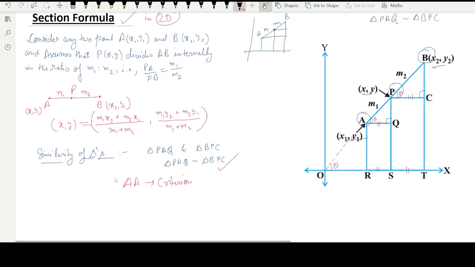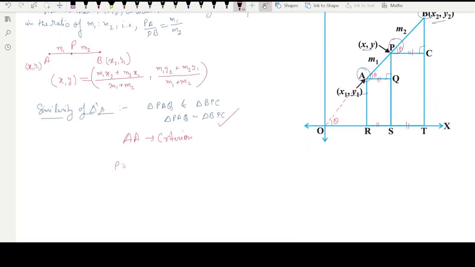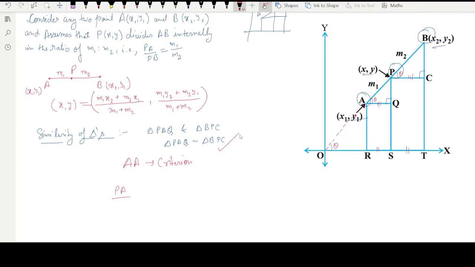First we take PA upon BP, which is equal to AQ upon PC, which is equal to PQ upon BC. Now, what is PA? PA is m1.